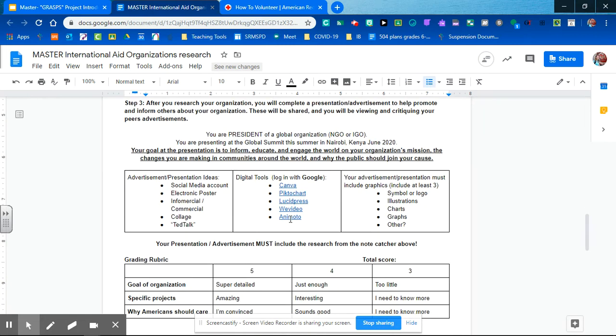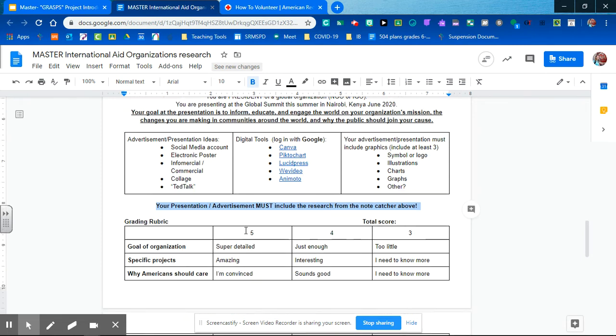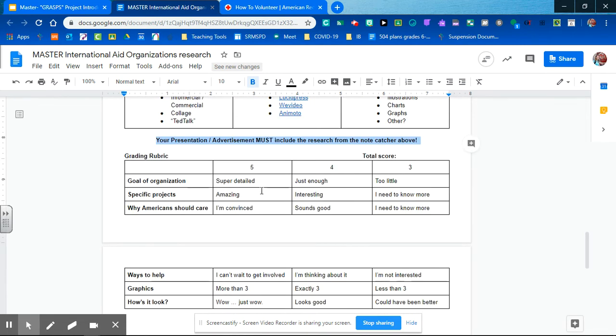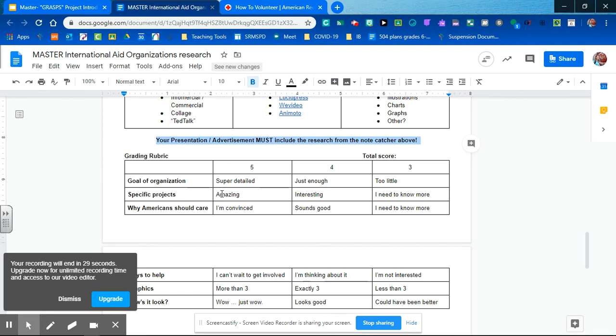It could be a video, Canva, PictoChart, poster, TED Talk, however you want. The world is your oyster, completely up to you. As long as you include the research from above and you talk in first person as if you are the president, that's awesome. Here's the rubric that you will use to self-grade and grade others.